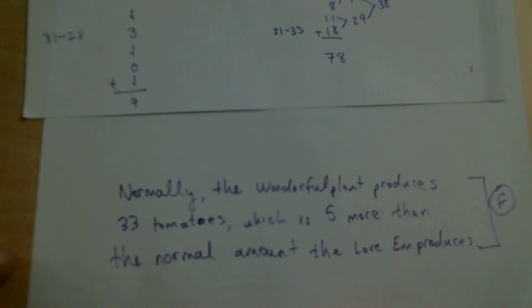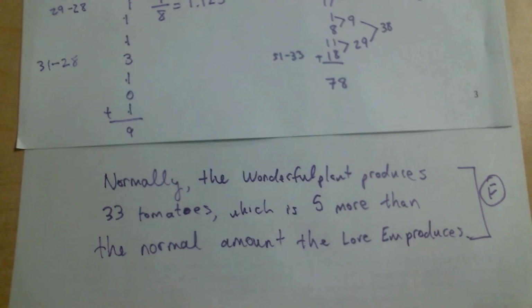So there's one of our first facts. Normally, the Wonderful plant produces 33 tomatoes, which is 5 more than the normal amount the Lovum produces.